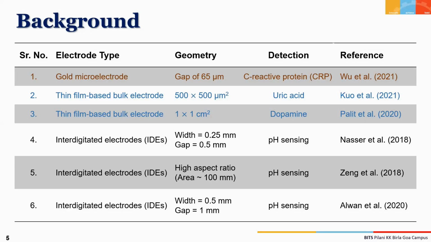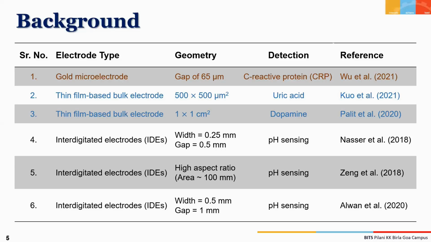When we talk about biosensing, one always looks to use a very small sample volume. Why? Because the reagent or antibody will cost you. So the overall cost of the system will increase if I use a bulk electrode. So to minimize the cost and the system, we go for this interdigitated electrode.